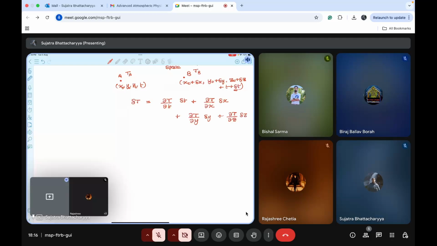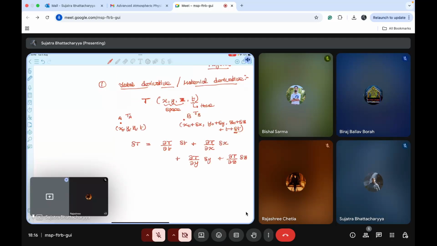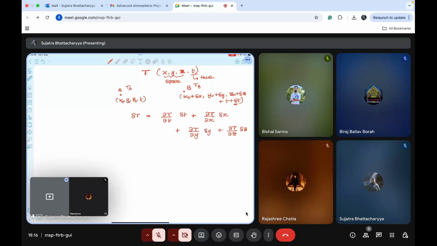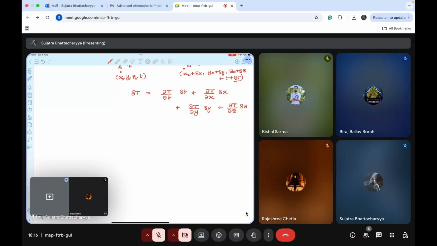Why am I writing this, not the total change? Because it is simultaneously a function of x, y, z, and t. It's not a function of x alone. So we cannot write delta T as dT dx into dx, because temperature is a function of everything. This is completely from the mathematical perspective.